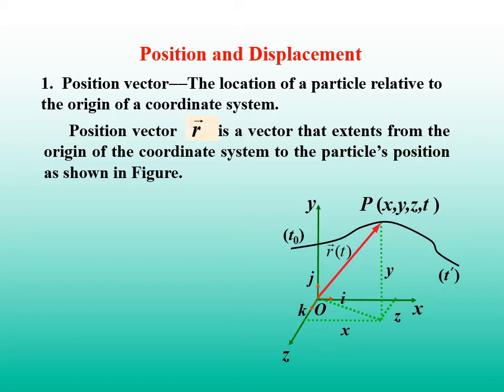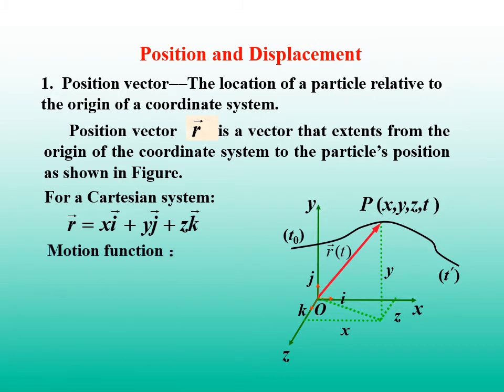For a Cartesian system, position vector r can be expressed this way: r equals xi plus yj plus zk. Because the position changes with time, we have a motion function like this.